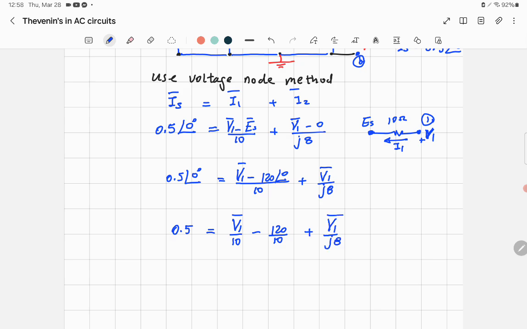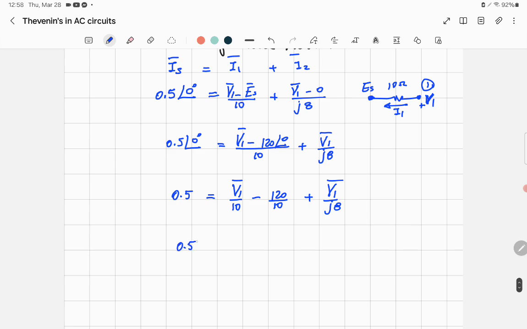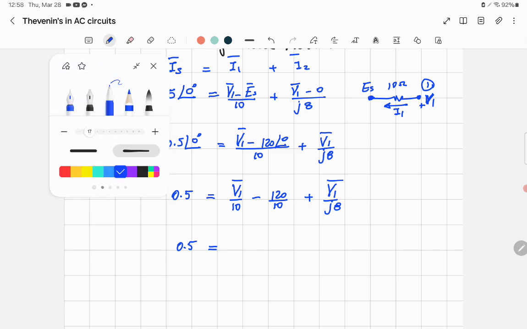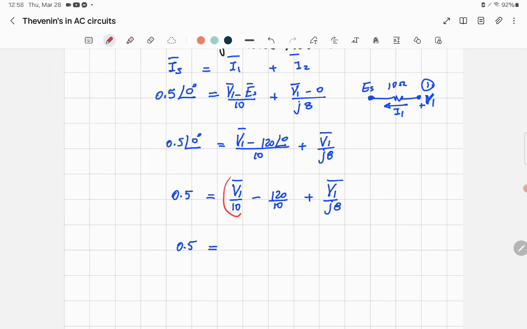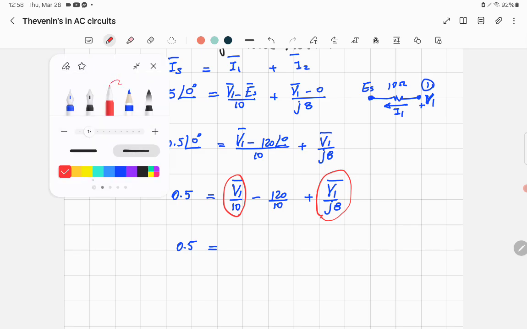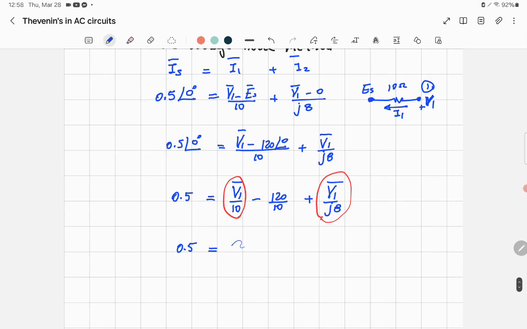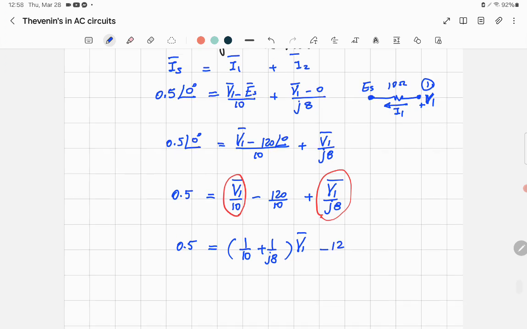All right, I will start to simplify. I have 0.5 equal to V1. I have two terms here, this term and this term, so they have a common term. I'll take V1 as a common factor. What's left? You have 1 over 10, and 1 over J8, and V1 is the common factor. What's left? Minus 120 over 10, which is equal to minus 12.